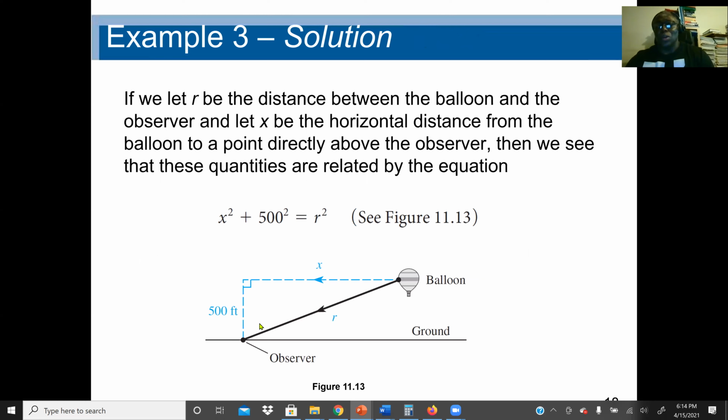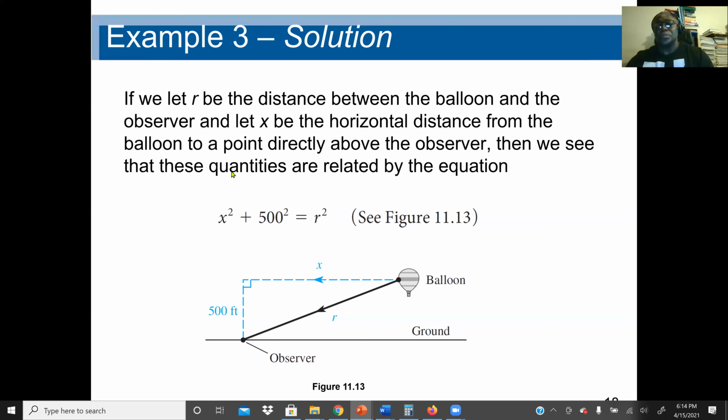So here we come up with the idea. Based on the condition, we know the observer is at a 90-degree angle to the height. So we let R be the distance between the balloon and the observer, right here, and then let S be the horizontal distance from the observer to the point below the balloon, because that's where the balloon is 500 feet up.